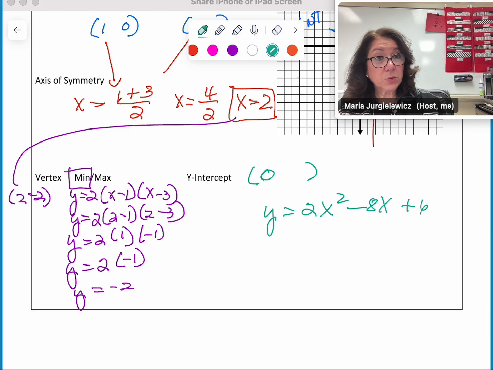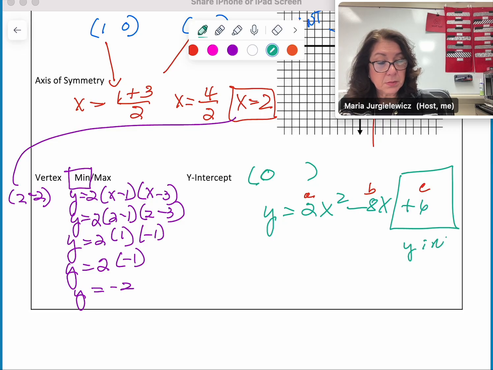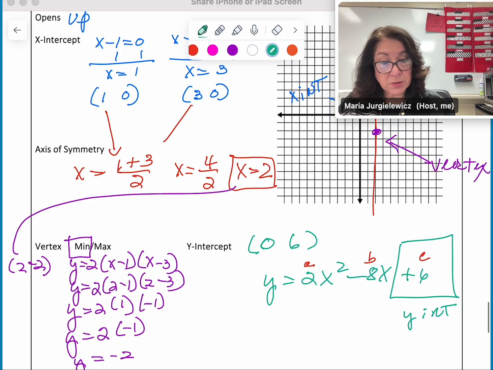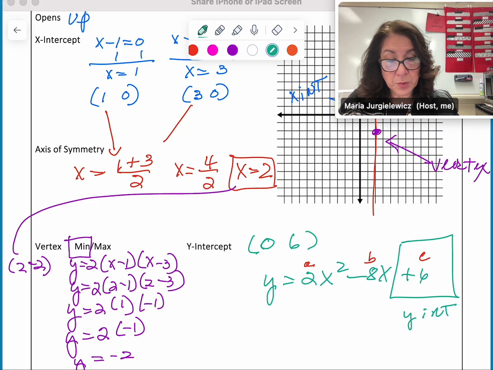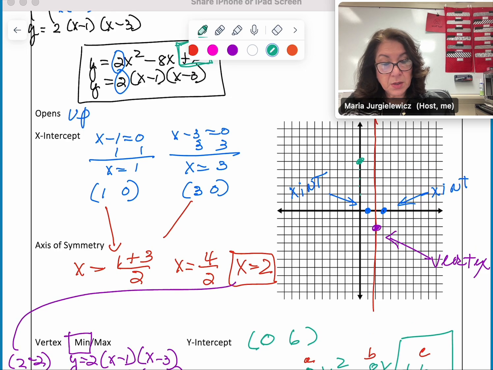I go back to my original equation, the one that's not factored, and this is A, this is B, and that is C. My C value is my y-intercept. So it's 0, positive 6. And at 0, positive 6, 1, 2, 3, 4, 5, 6, there's the y-intercept.